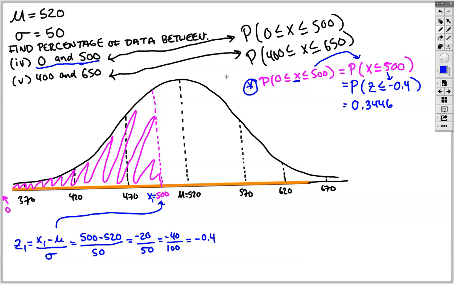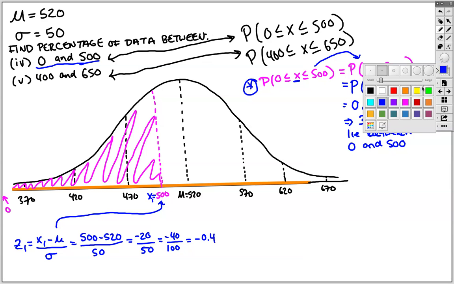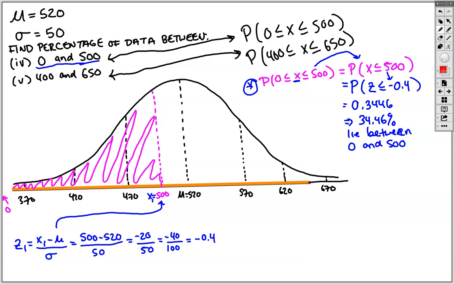And so what percentage of the data? 34.46% lie between 0 and 500. Okay, so now we're going to do the same thing for this next problem.